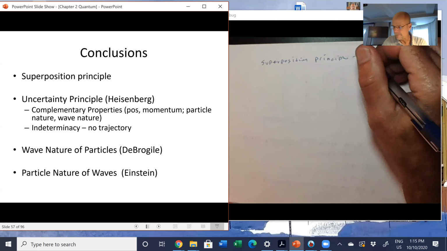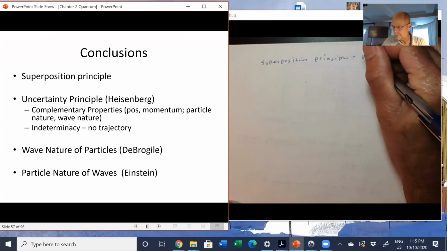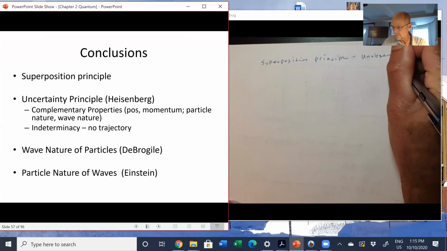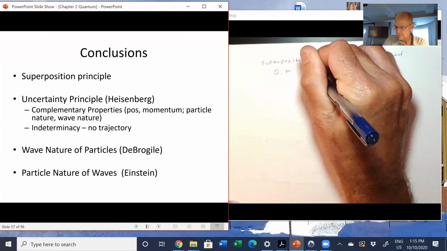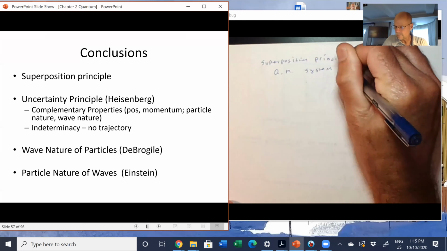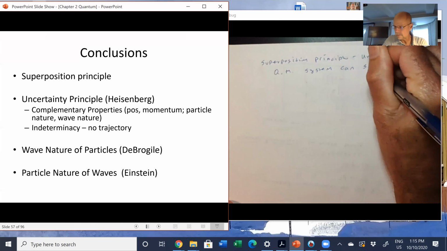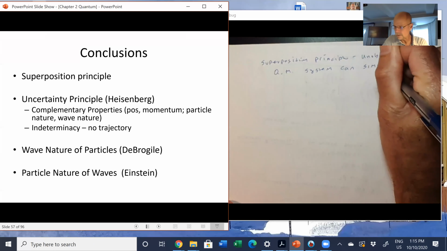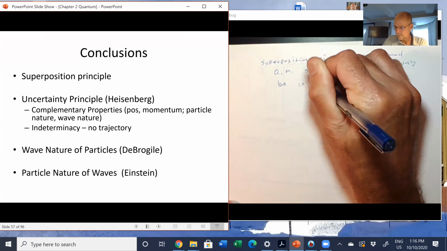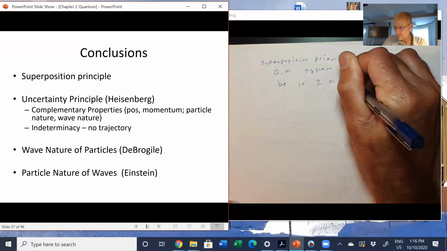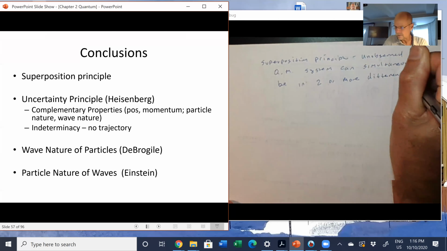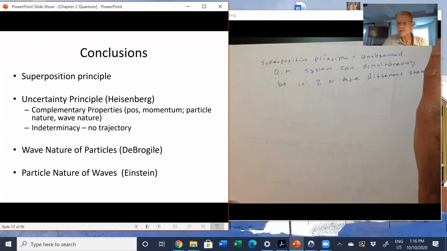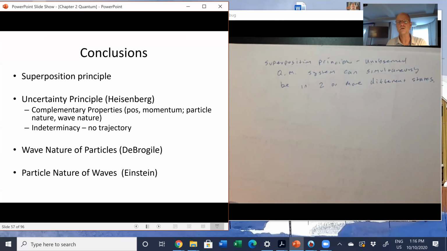So I'm going to say an unobserved quantum mechanical system can simultaneously be in two or more different states. Remember we talked about this a little bit last time with Schrodinger's cat.